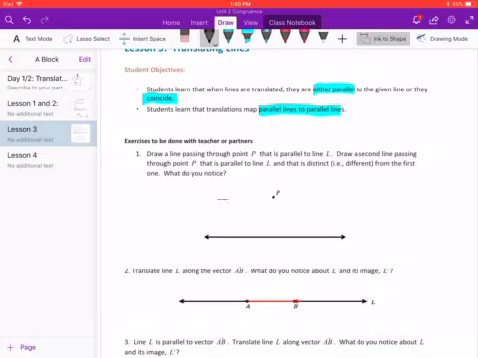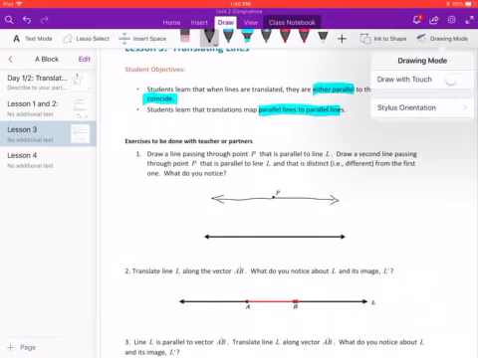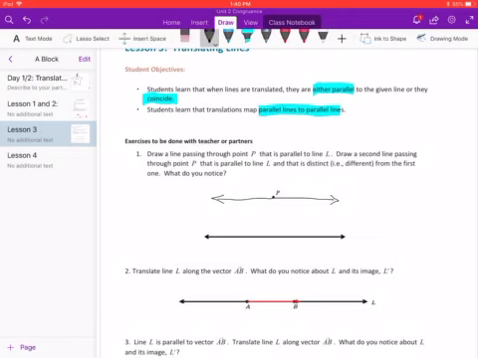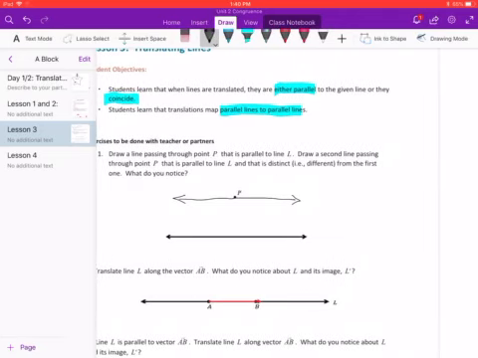I'm going to do ink to shape. I'm going to draw this line that goes through P. And let's see what happens. Oh, it didn't give me a shape. Sorry. Can I insert a shape? Can't do that. All right, well, we're going to have to say that's parallel.